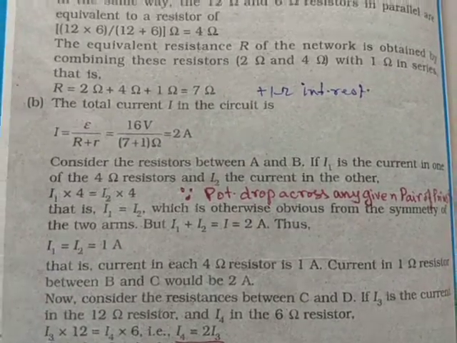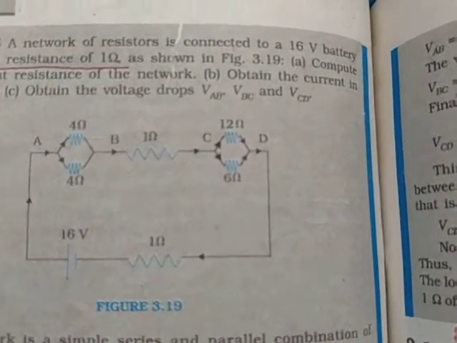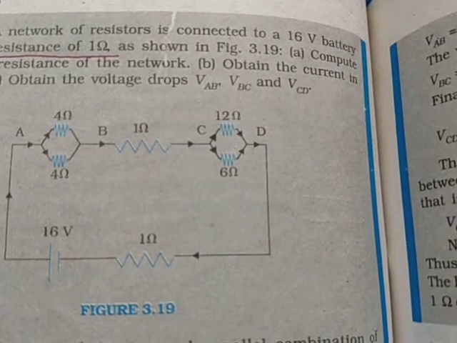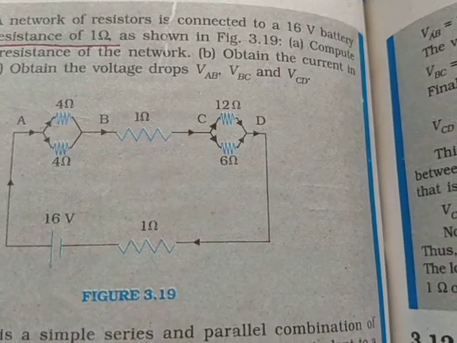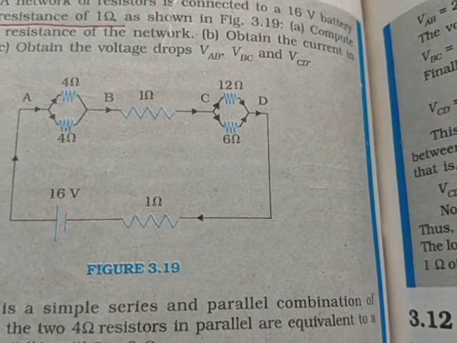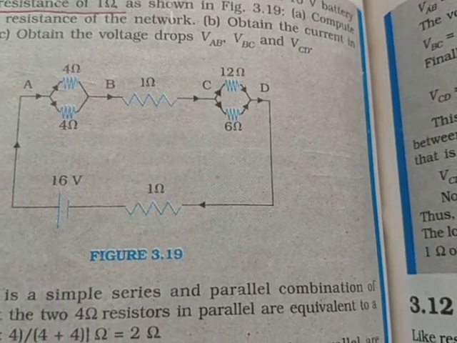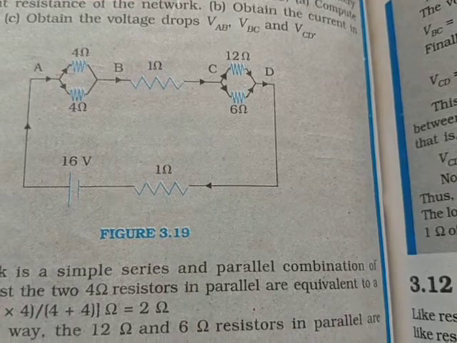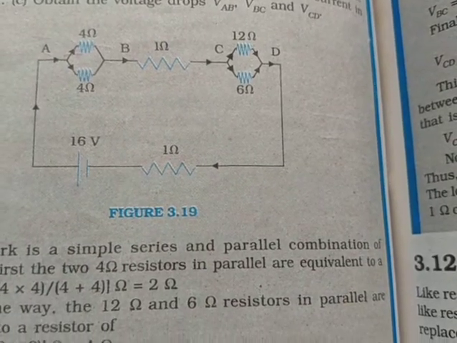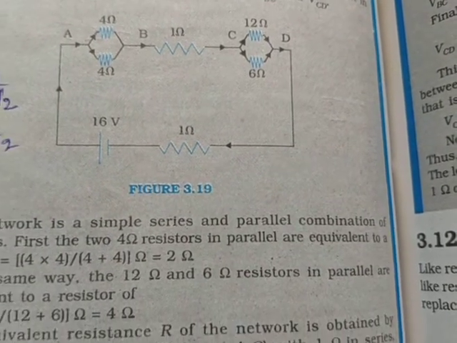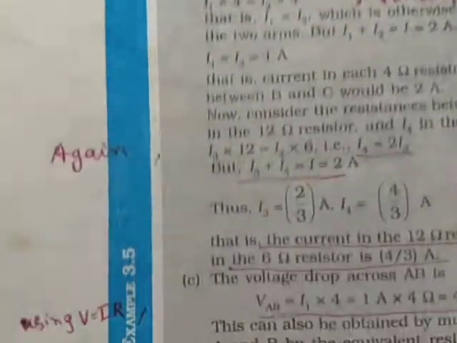So if the current passing through the upper arm of CD is say I3, and I4 is the current passing through the lower arm, 6 ohm, then we have I3 into 12 equal to I4 into 6.